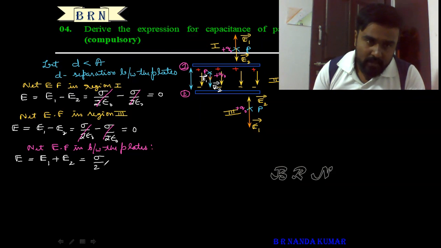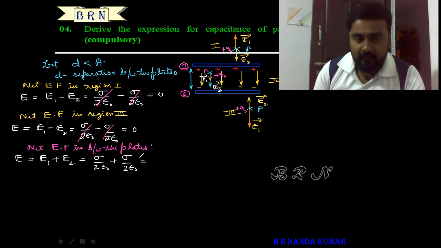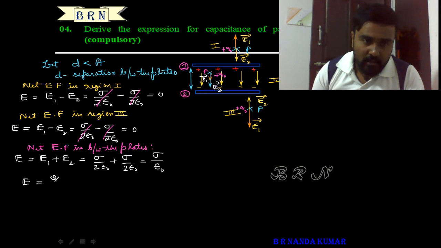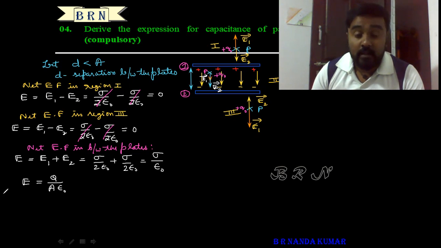E1 is sigma by 2 epsilon naught, E2 is also sigma by 2 epsilon naught. Adding, half plus half is 1, so we get sigma by epsilon naught. So E is equal to sigma, which is Q by A epsilon naught. But we want the capacity, right?